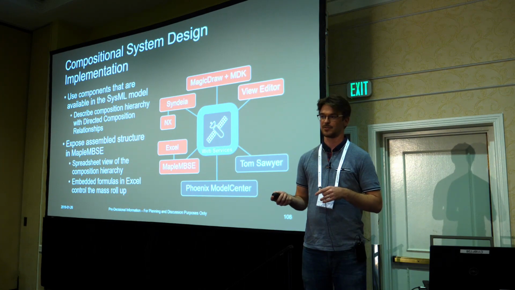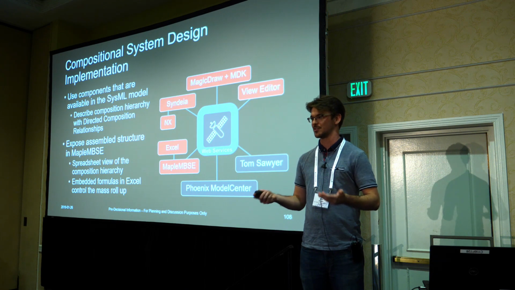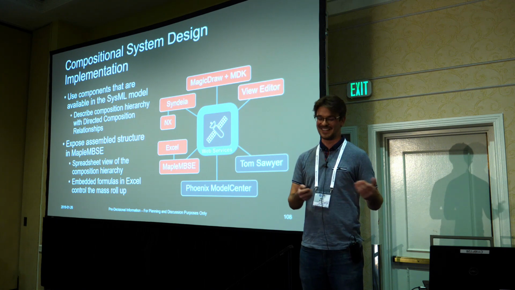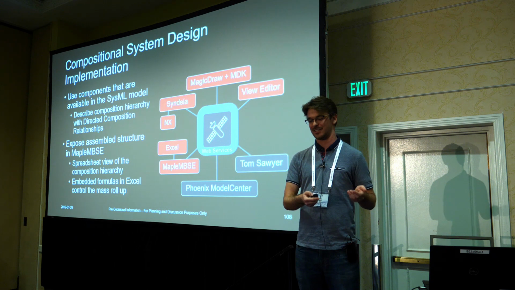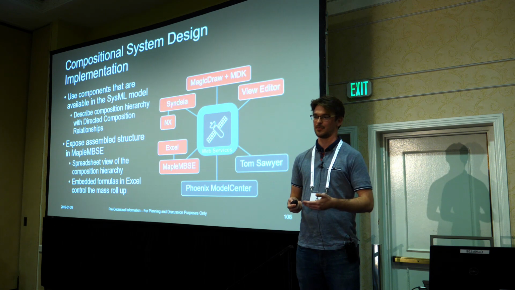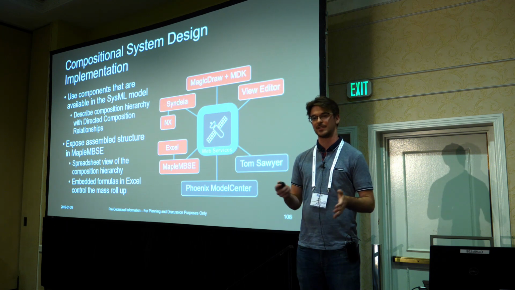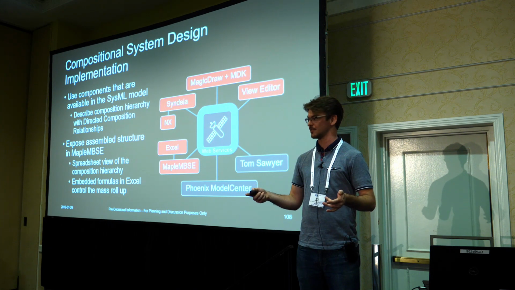So we could also use MBSE again, so the system engineers could work in their natural habitat, which is Microsoft Excel, like it or not. They were able to enter these system assembly views into the database. And then we also used MagicDraw with the MDK because it's also pretty good at building out these graphical representations of compositional hierarchy.